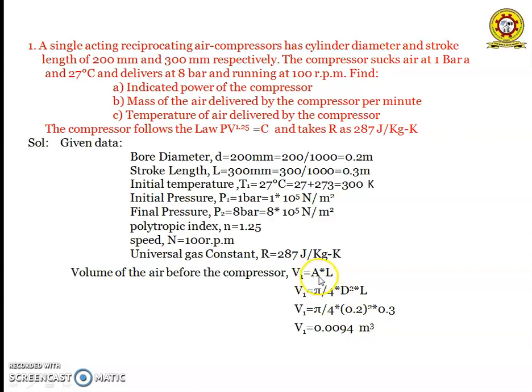So area of the cylinder A is equal to pi by 4 d square, where d is equal to bore diameter. So V1 is equal to pi by 4 d square into L. By substituting the bore diameter d as 0.2 meters and stroke length L as 0.3 meters, we will get volume of the air before the compressor V1 is equal to 0.0094 meter cube.